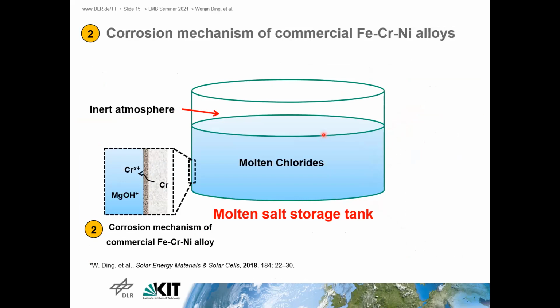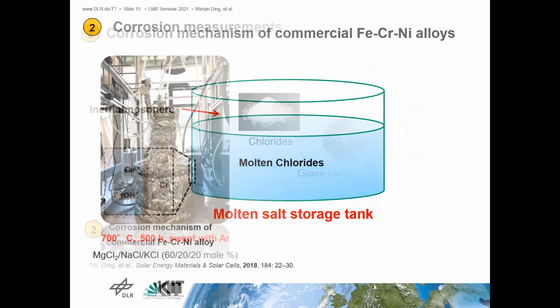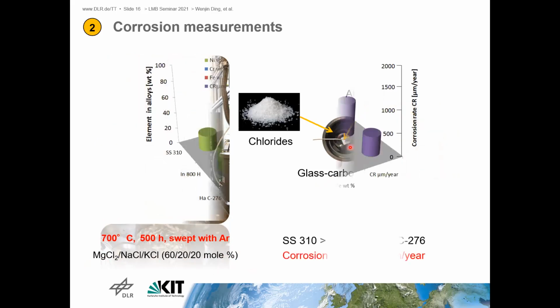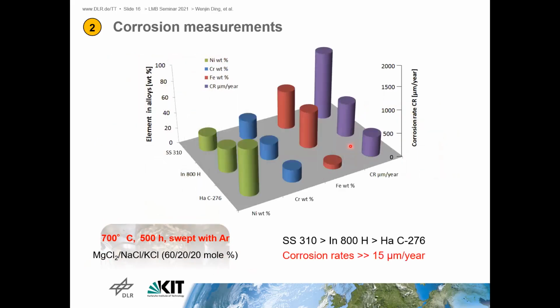First is the corrosion mechanism of the conventional iron, chromium, and nickel alloys. We did the immersion test at 700 degrees C for 500 hours, and the atmosphere is argon, an inert atmosphere as in the liquid metal battery, and also for the thermal energy storage application. We use this salt mixture and put the alloy samples inside and heat it up to high temperature, and after 500 hours take it out to do the analysis.